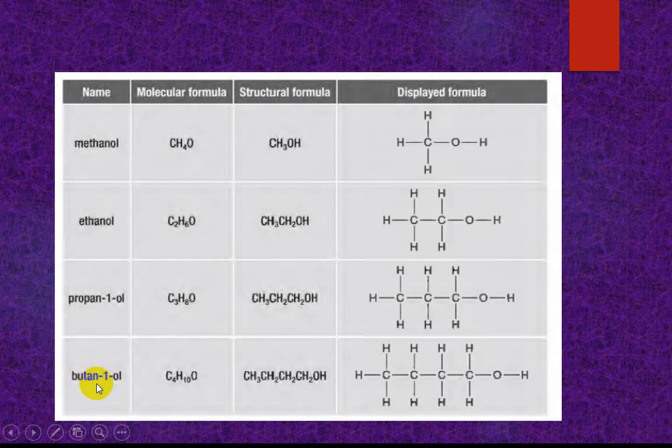An means saturated carbon, single bond. And 1-ol is the position of the OH group. The hydroxyl group position is 1. This is 1 2 3 4, this carbon 1, carbon 2, number 3, 4, butan-1-ol.